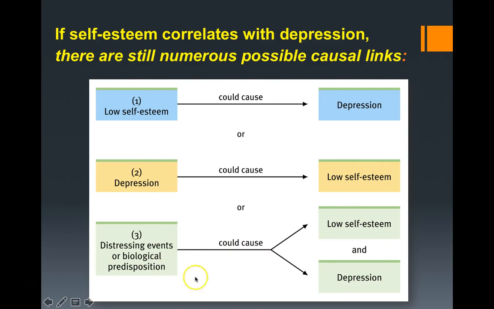The third variable drives both of the others. We could call this the which-causes-which problem, and this the third variable problem. Those are the two big problems with purely correlational studies.